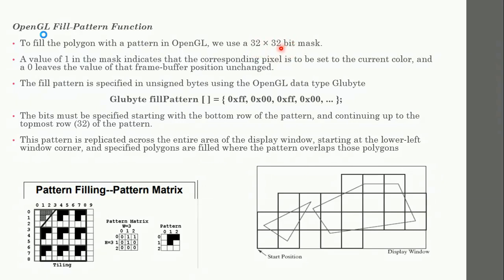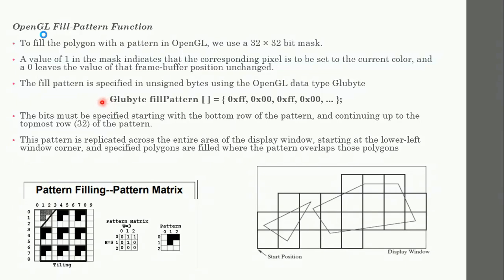A value of 1 in the mask indicates that the corresponding pixel is to be set to the current color, and 0 leaves the value of the frame buffer position unchanged. So the first step is to define the fill pattern. How do you define it?